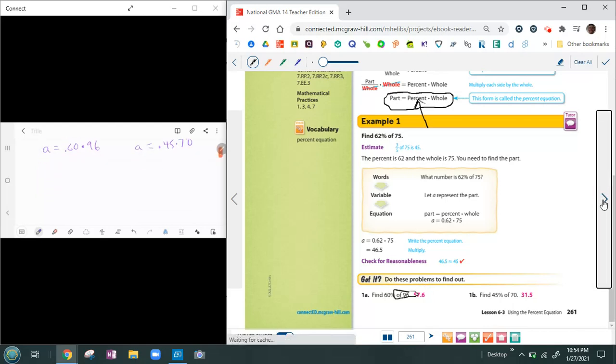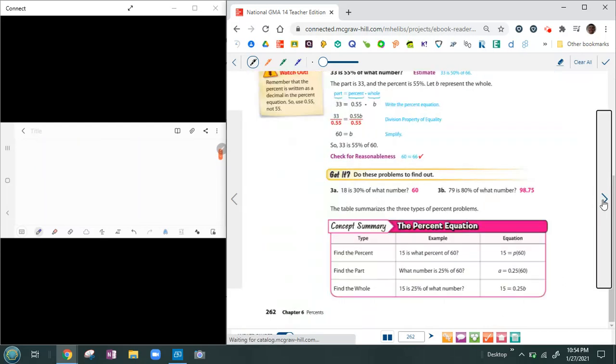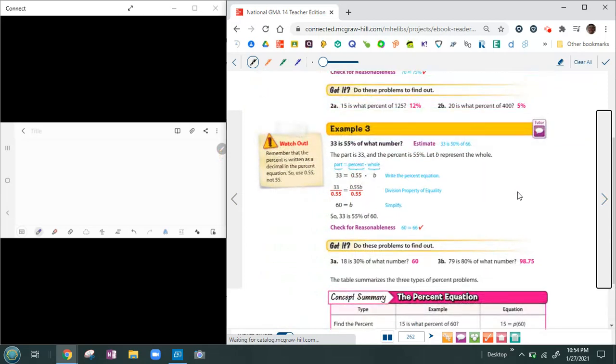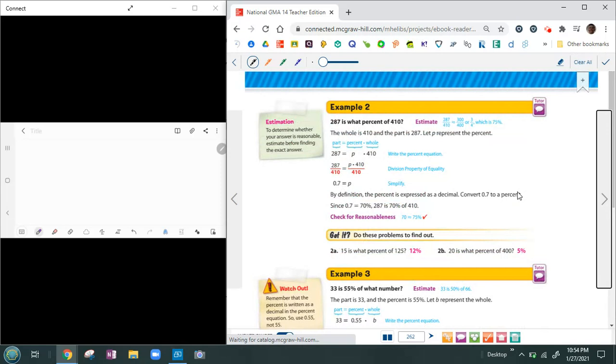Just like our last notes, in one problem the part's going to be missing, in one the percent's going to be missing, and in one the whole's going to be missing. You just have to recognize which one is missing for each problem. Example 2 looks like the percent is the one missing because it says what percent.